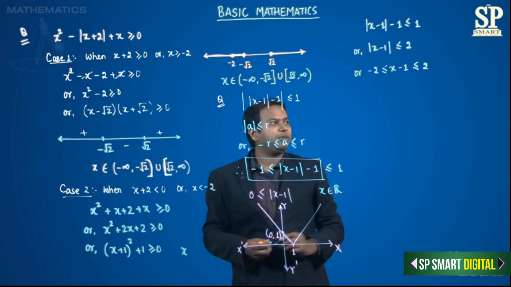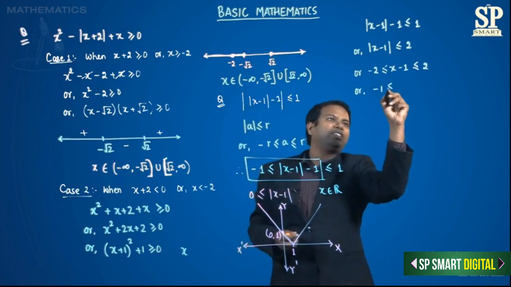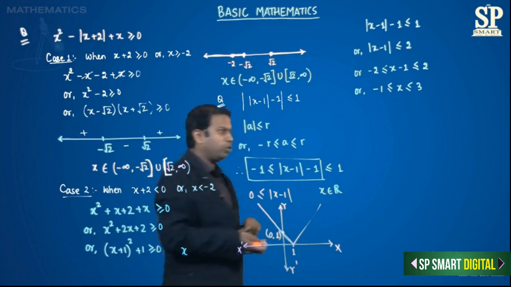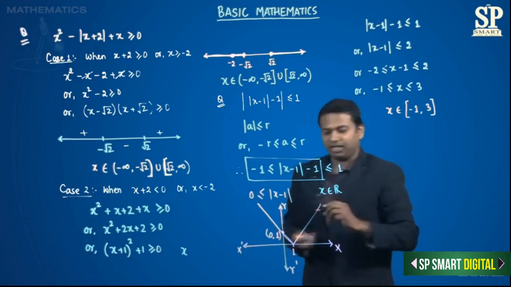So from here, if we simplify this further, minus 2 plus 1 is minus 1, so minus 1 is less than or equal to x is less than or equal to 3. And in this case, we find that only values belonging to the closed interval minus 1, 3 satisfy this condition.